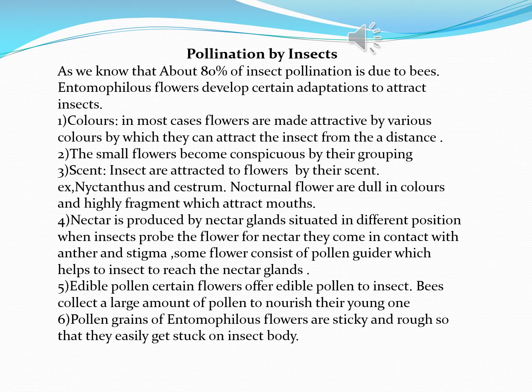When they enter the flowers, they come in contact with the anther and stigma, and some pollen grains attach to the body of the insects. Some flowers have pollen guides which help the insect reach the nectar glands. While moving out of the flower, they carry the pollen grains on their body surface. When they move from one flower to other flowers, it helps in pollination.